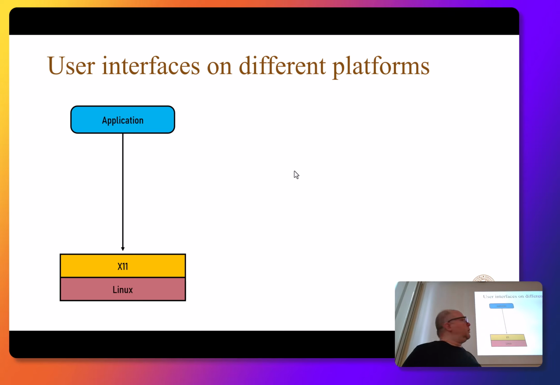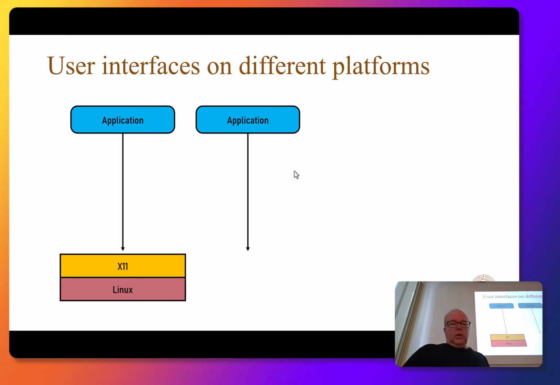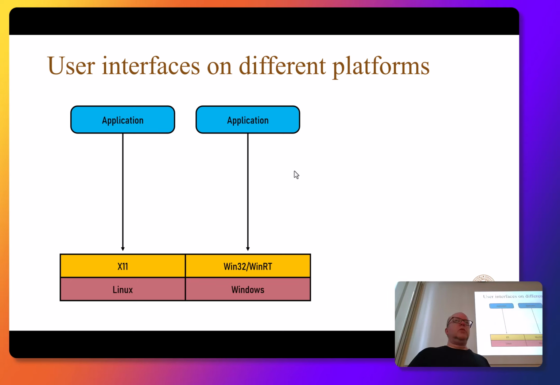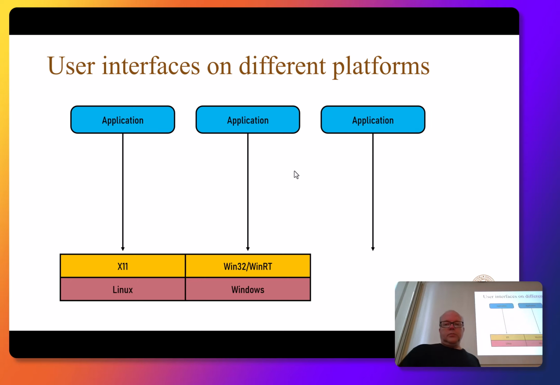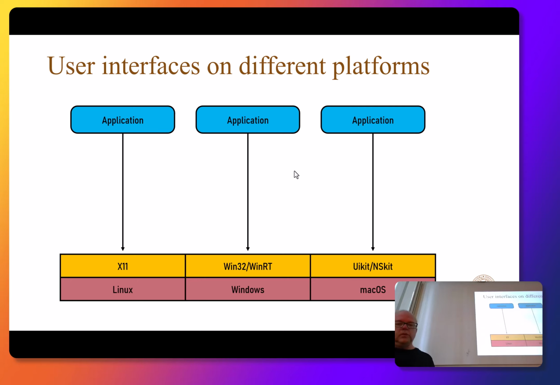If you want to implement another application on a different platform, you do the same thing. You write an application, and you choose a different library for user interfaces. On Windows, it's Win32 or WinRT, and you have the operating system Windows underneath that. Then you have the Mac application. You have UIKit, NSKit is the library code too. And you have the Mac OS operating system underneath.